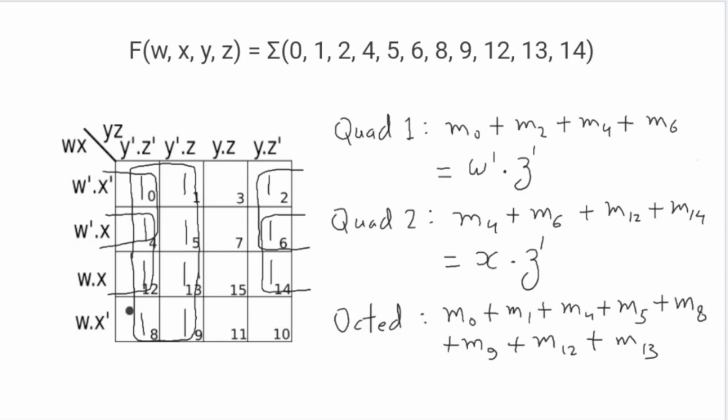And on the left side, both W and X are changing their state, but at the top column we'll see that Y complement is not changing, Z is changing, so we'll take Y complement. The final answer would be, in this case, W complement dot Z complement plus X dot Z complement plus Y complement.